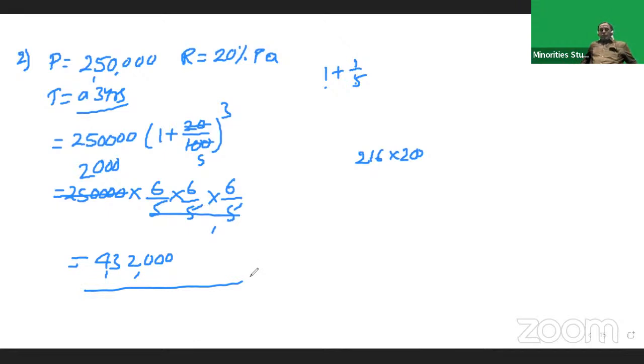The population of a town after 3 years will be 4,32,000. Write the answer. Next question.